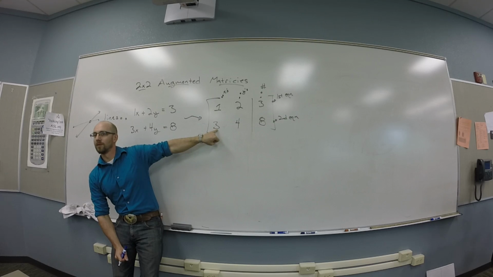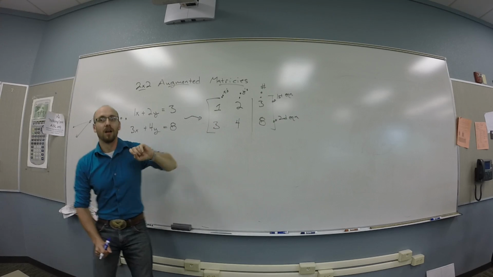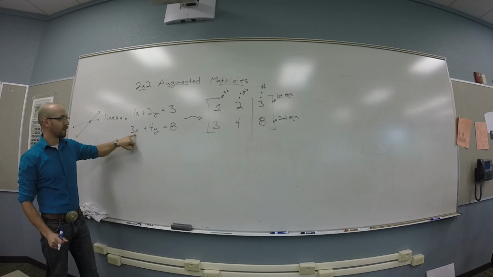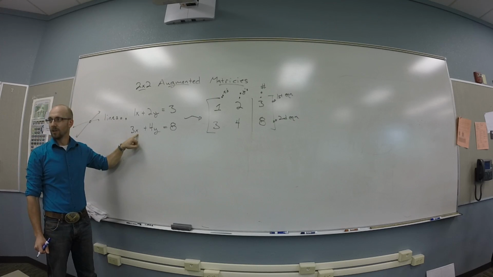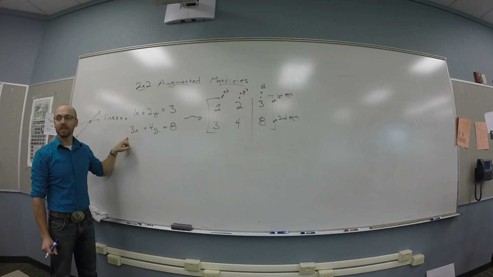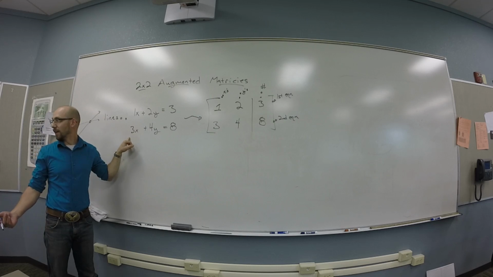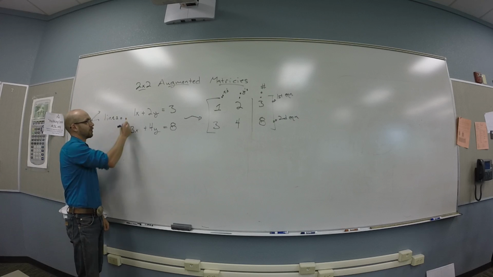Cool? Okay, so how am I going to get rid of this number here? That's me trying to get rid of this 3x, right? So what do I need to add to 3x to get rid of it? Yeah, I need a negative 3x. So what I'm going to do is take that first equation and multiply it through by negative 3.